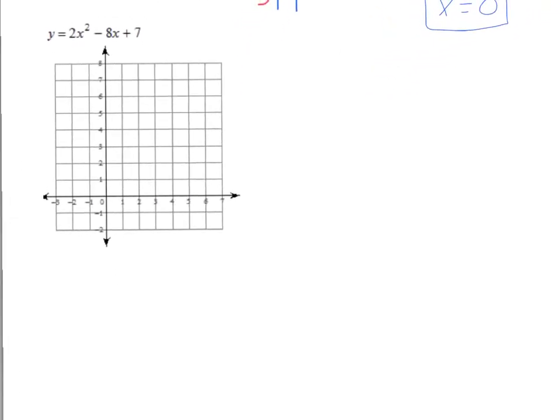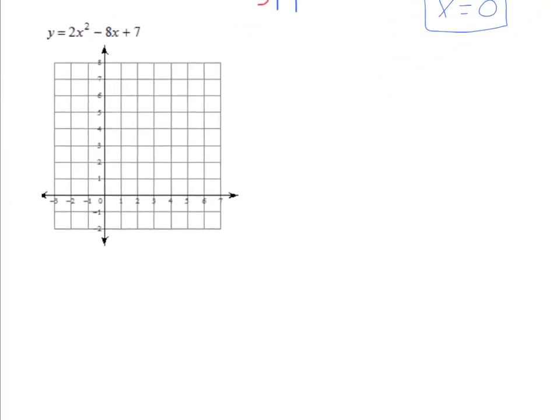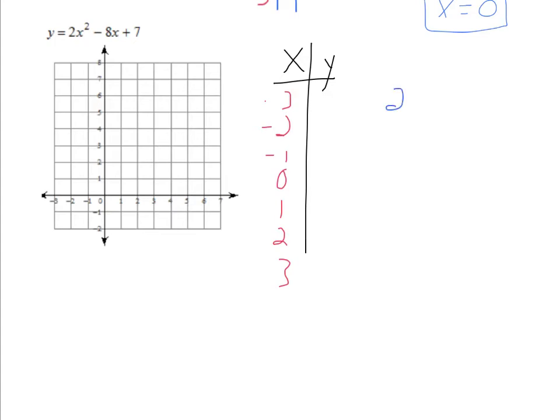Our next one, we have an XY table. Plug in our negative 3, negative 2, negative 1, 0, 1, 2, and 3. When we plug that in, we're going to go 2 times negative 3 squared minus 8 times negative 3 plus 7.